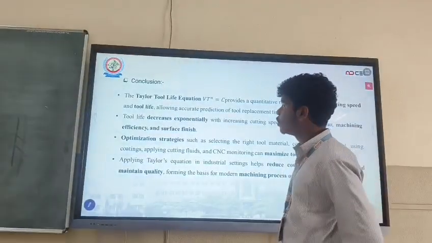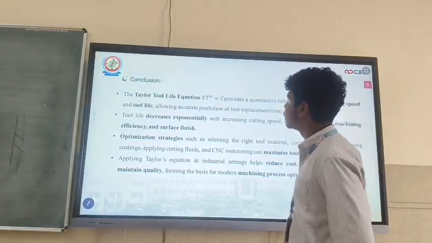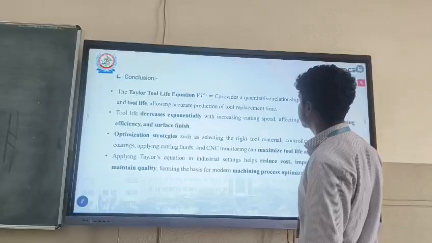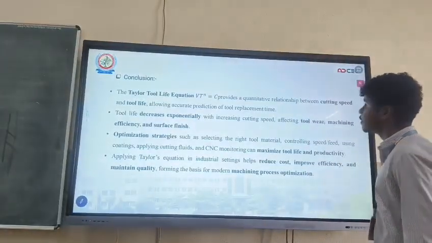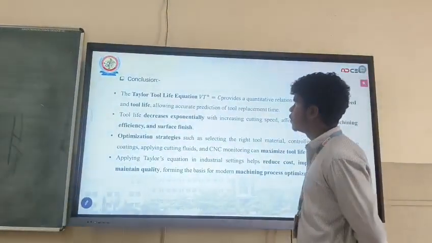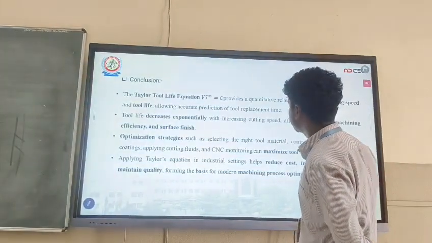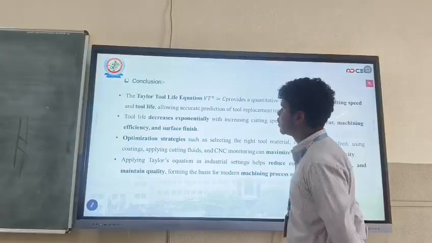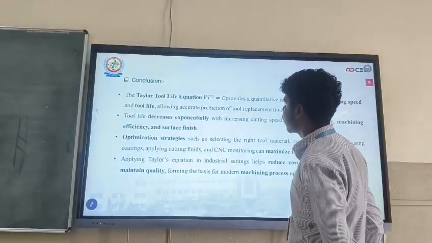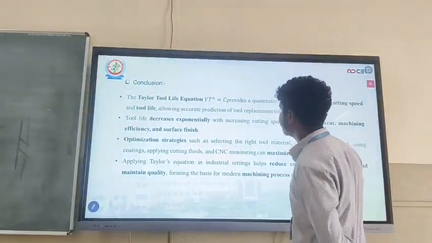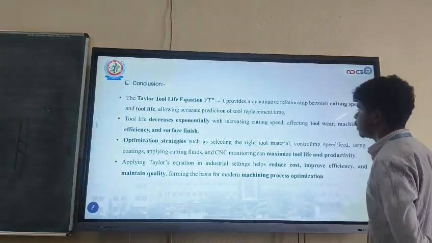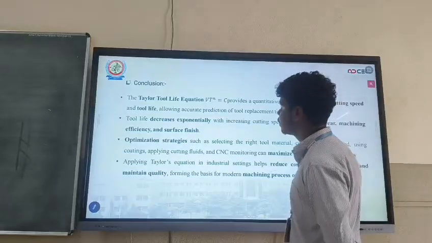Next is the conclusion. The Taylor tool life equation, VT^n = C, provides a quantitative relationship between cutting speed and tool life, allowing accurate prediction of tool replacement time. The second point: tool life decreases exponentially with increasing cutting speed, affecting machining efficiency and surface finish.